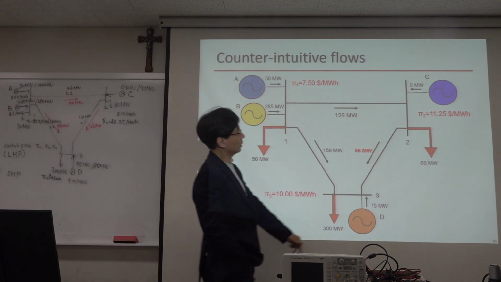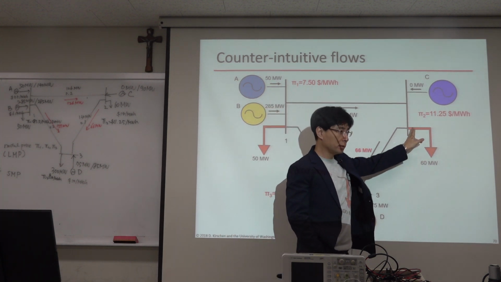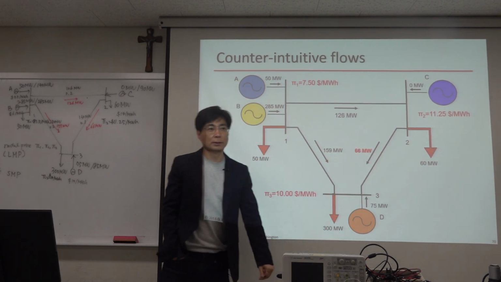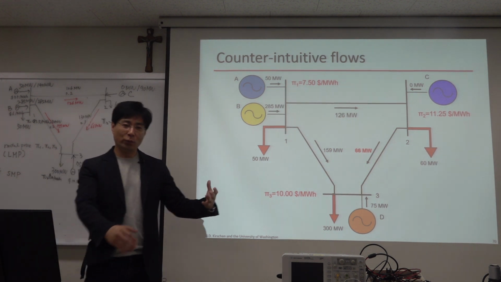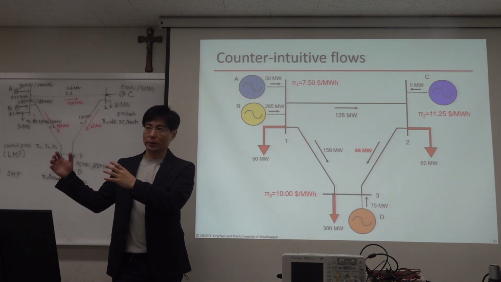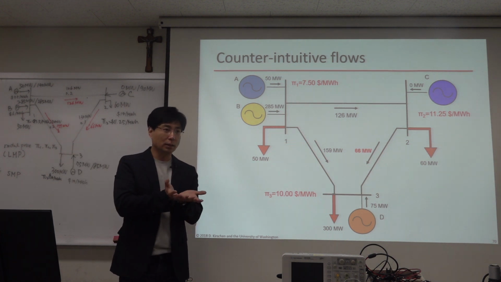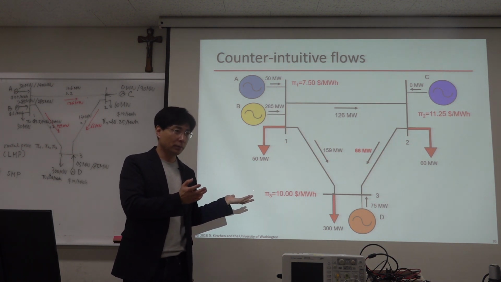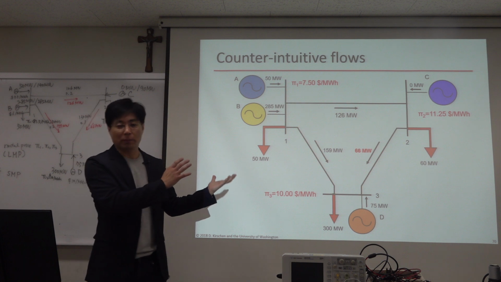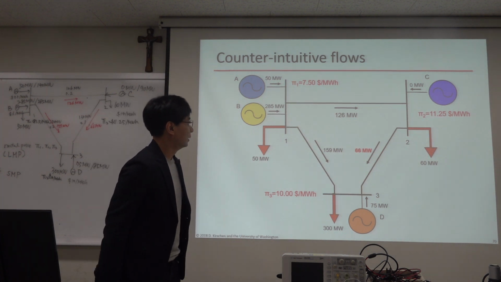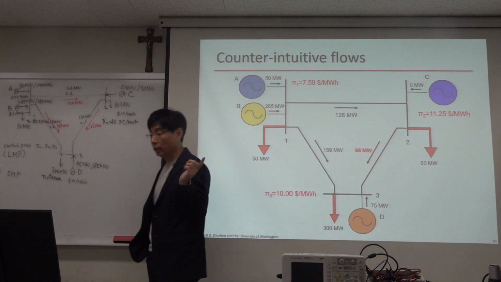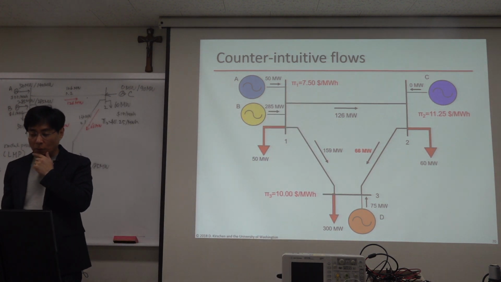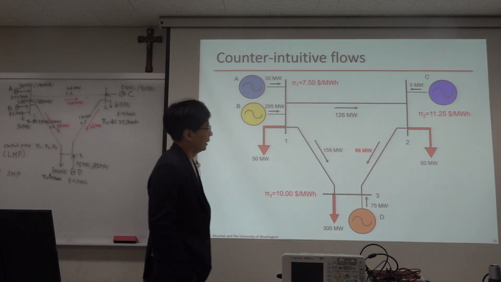Power flows from the more expensive bus to the less expensive bus. Why? Because we are considering power system economics. Physical law governs that. Even though we are doing that by minimizing something, we need to satisfy the physical law. So this kind of counterintuitive flow can happen.